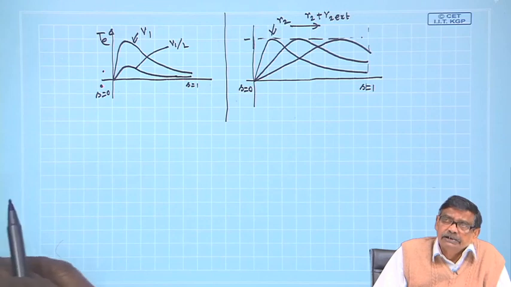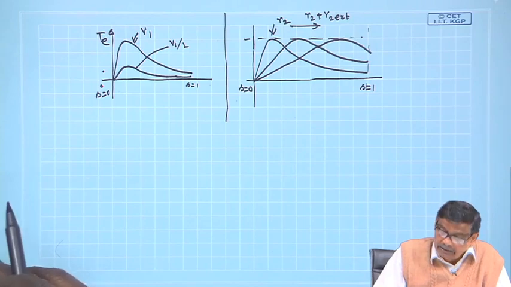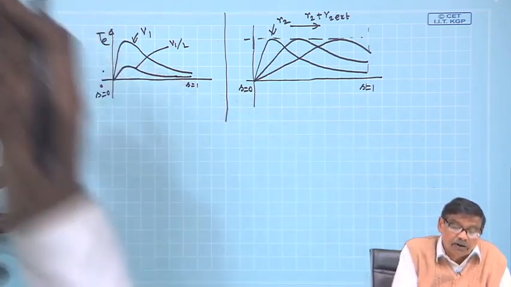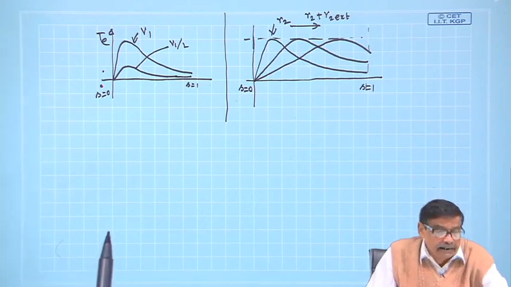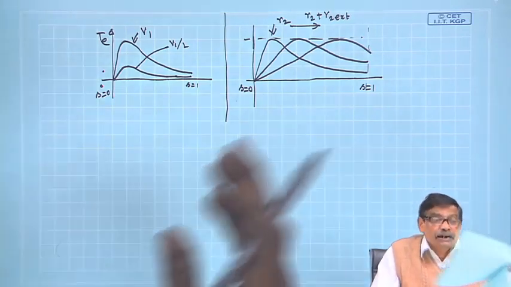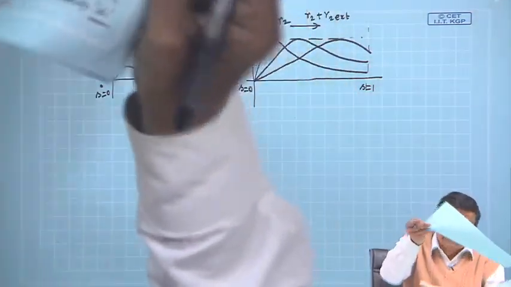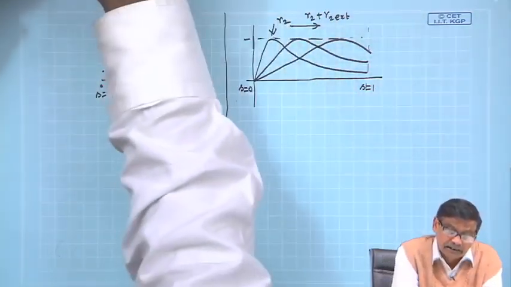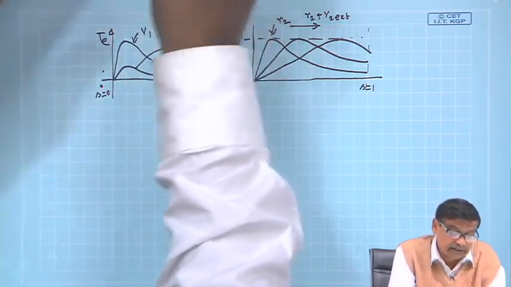If you are too greedy, you say that I want to get the T max to appear at S equal to 1. Yes, you can do that, because all the equations are with me. Look at this equation, that torque equation in general, where you can play with these numbers.